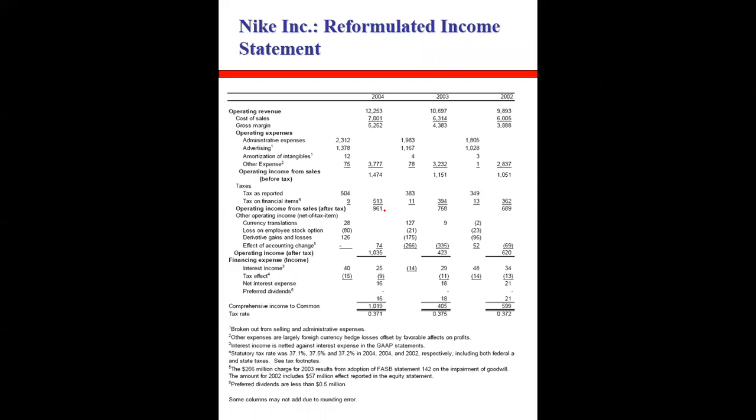Here you see that we have operating income after tax from sales, this amount 961, and operating income after tax from other operating income, that is this amount 74. In total, we have the operating income after tax, which is 1035.